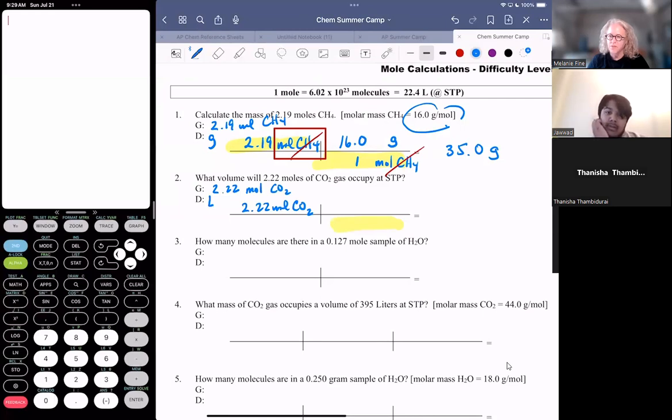Don't give me a number, just give me the units. I don't want numbers. Give me the units. I want to cancel out these units right here. So what do I put here?